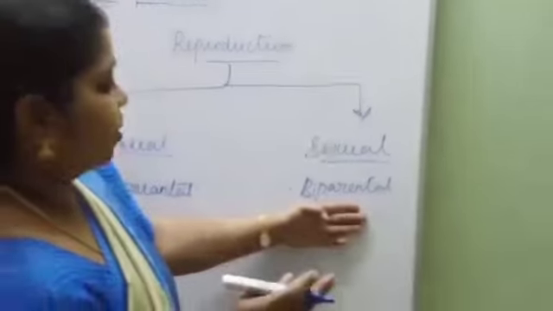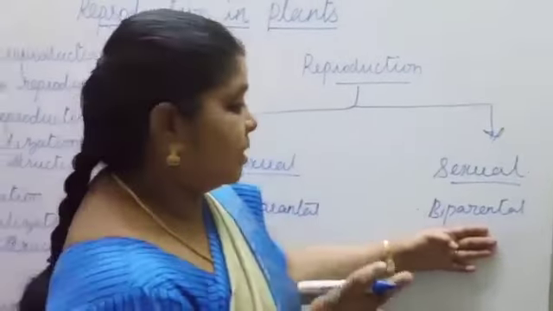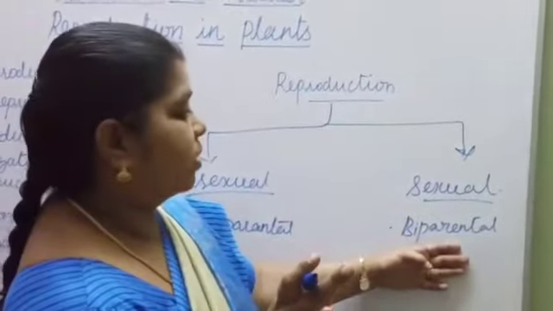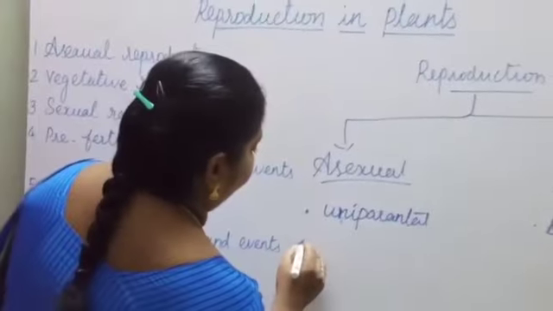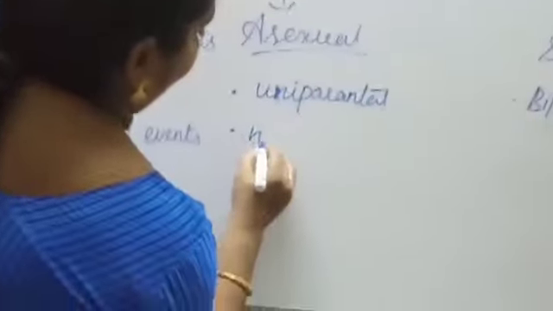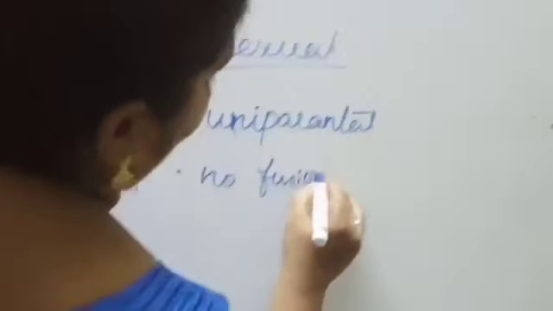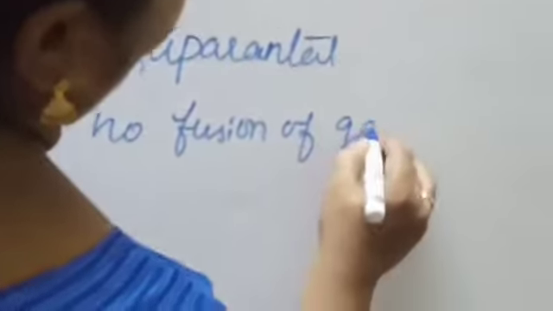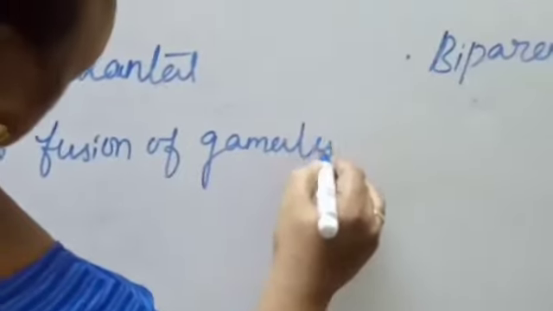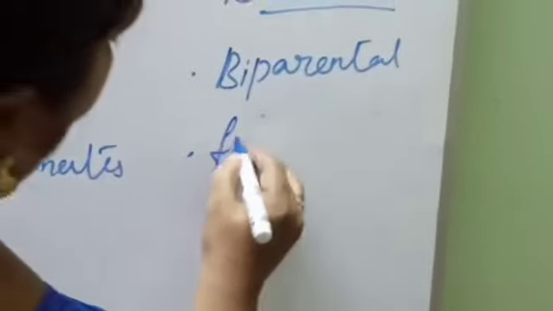In sexual reproduction, which is biparental, two parents are needed for the reproduction. In asexual reproduction there is no fusion of gametes. In sexual reproduction there is fusion of gametes.